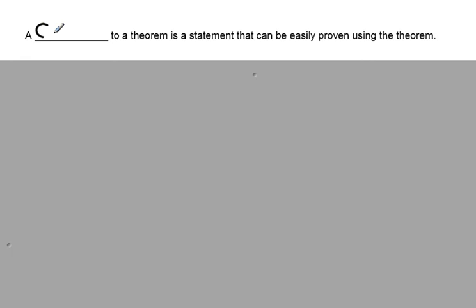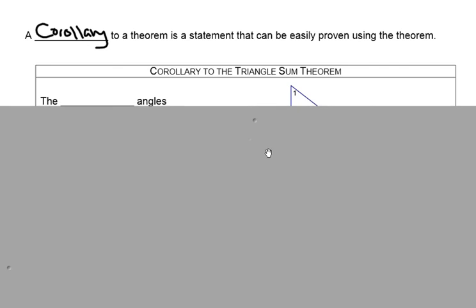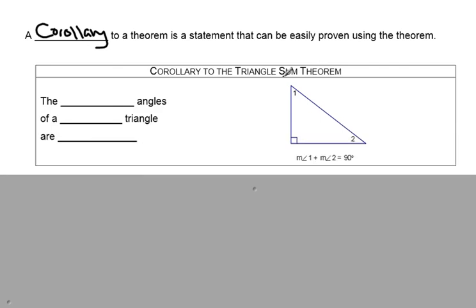Okay, another of many vocabulary words. A corollary to a theorem is a statement that can be easily proven using the theorem. Well, the Triangle Sum Theorem says that if you add all the angles of a triangle together, they equal 180 degrees. Well, if you have a right triangle and you take away that 90 degrees, what's left? 90 degrees.